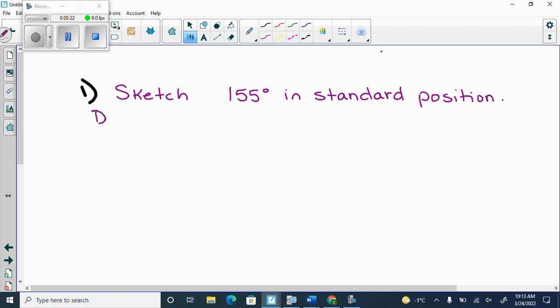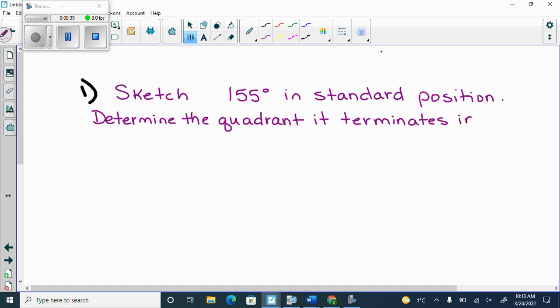Then determine the quadrant it terminates in, and the reference angle. So that's number one.